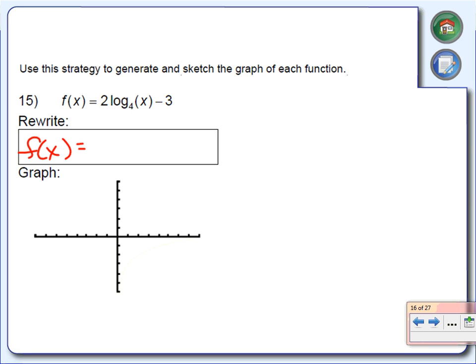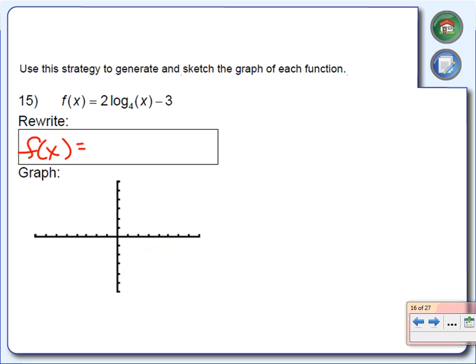Which one? I heard log of 2x and I heard log of x squared. The property says that multiplying is the same thing as exponent. We did it earlier, actually we did it backwards earlier. We said the exponent was the same thing as multiplying. So if the exponent is the same thing as multiplying, multiplying is the same thing as exponent.